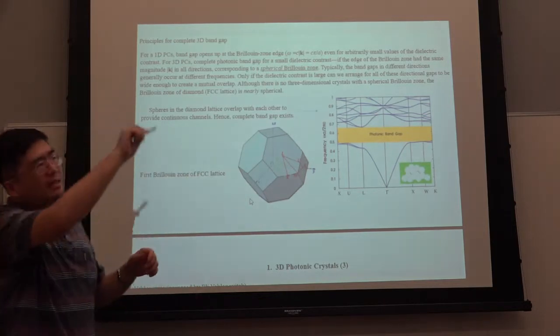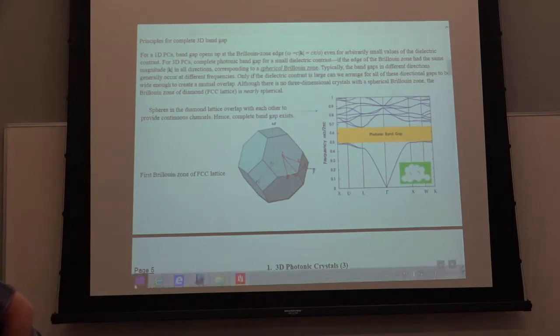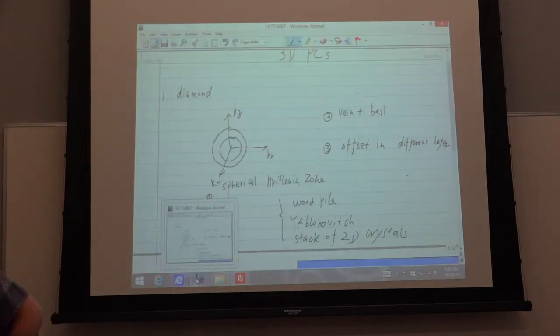So if it has a spherical Brillouin zone region, as in this picture I draw, this can open up a band gap no matter how small. This region is a band gap. This is for this diamond structure.